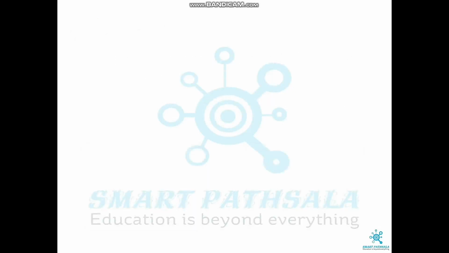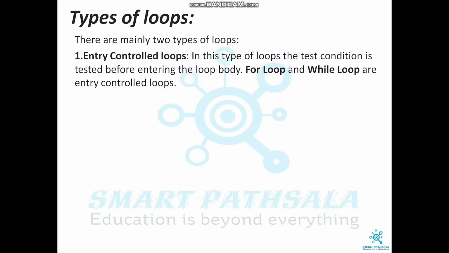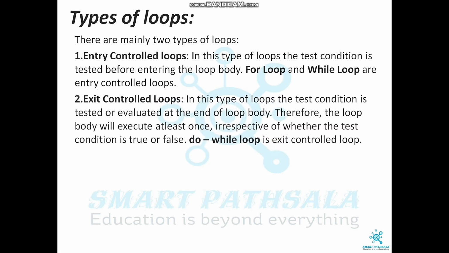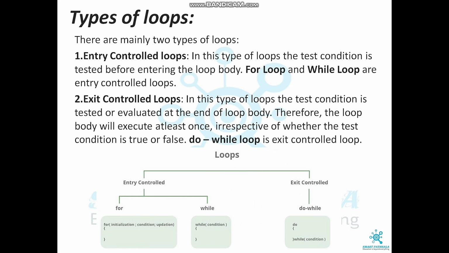Now let us see the different types of loops. Basically there are three loops: while loop, do while loop and for loop. These three loops are divided into two types: entry control loops and exit control loops. Now what is an entry control loop? In an entry control loop, the test condition is tested before entering the loop body.